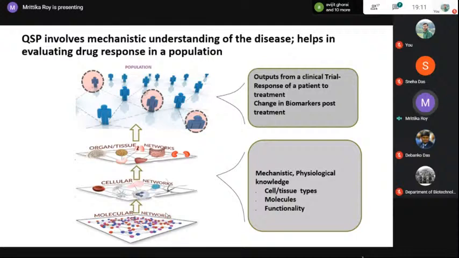And the modeling that we do in our company is something called Quantitative Systems Pharmacology Modeling, or QSP. And that involves a mechanistic understanding of the disease, the complete disease physiology.